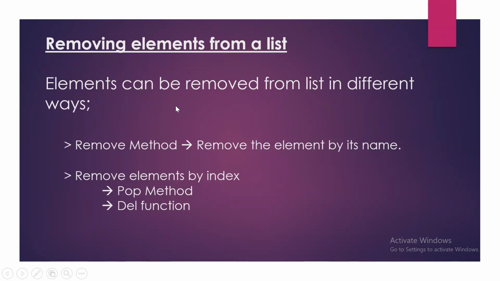The first method is the remove function, and the second method is by using its index number, the pop method and del function, which remove the element by using its index number.